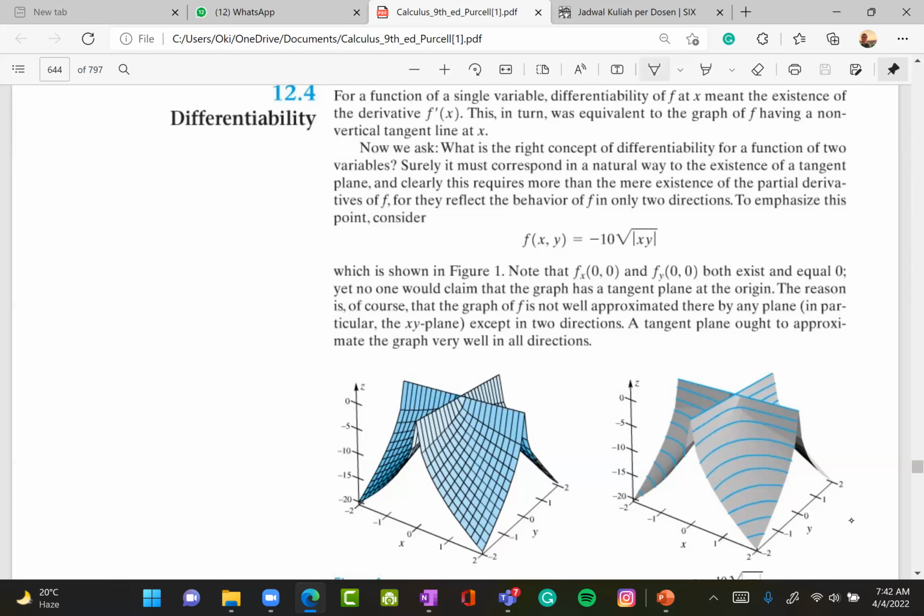Okay, so if you look at the level curves, this is the picture. Then what should be the plane that approximates the function right here? The plane should be constant, so this is z equals 0. So what's the error?